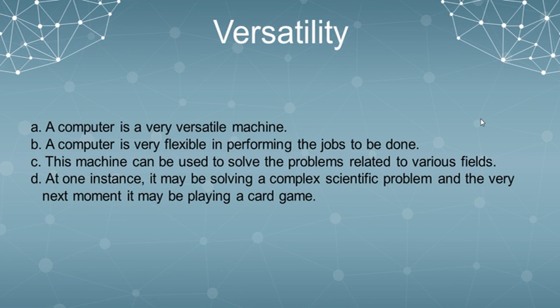It means there is no problem with any work while we are using a computer. It can perform any task. It helps us solve problems in various fields like engineering, teaching, the banking sector, and the scientific sector. Whatever you see, the computer helps us to solve any problem.